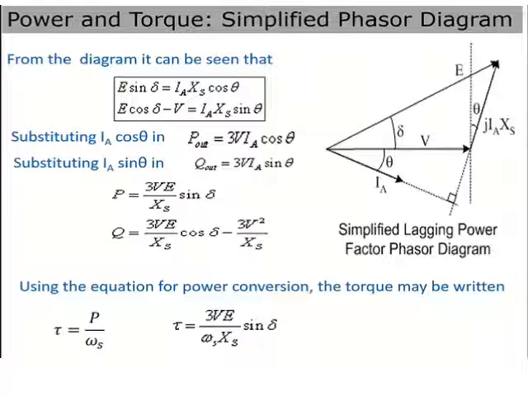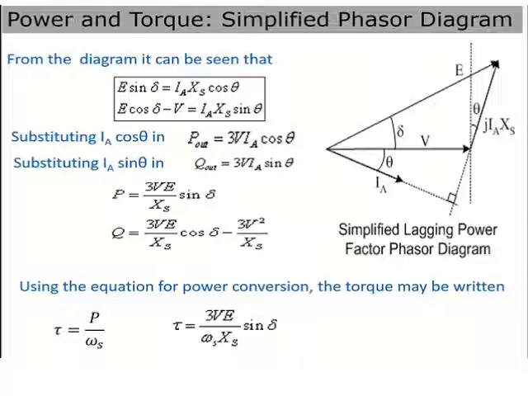This is a very important, very simplified phasor diagram. Here the resistance drop, that is the Ra drop, is neglected. Voltage is taken as a base value, that is at an angle of 0. Load current or armature current, depending upon the power factor, let us say the angle between voltage and current is theta.